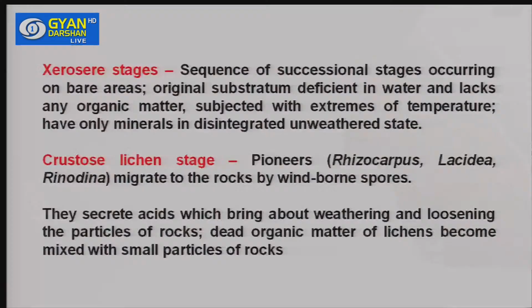Next example is the xerosere. I discussed the pond ecosystem, where the habitat was mostly aquatic. Here, xerosere means successional stages occurring on a bare area. That means it is a very hostile kind of environment.